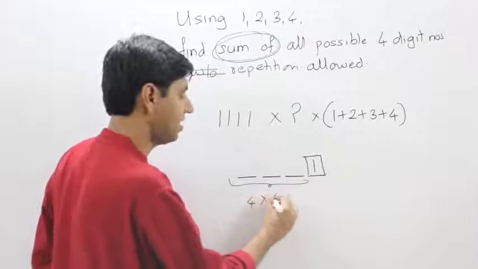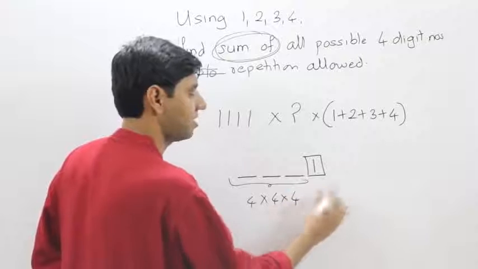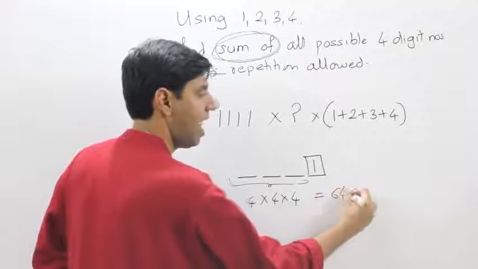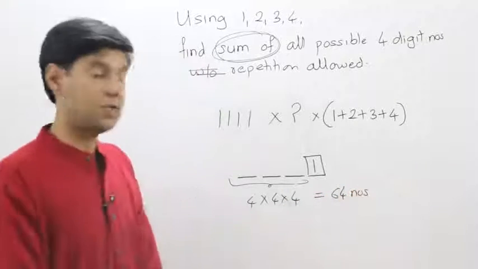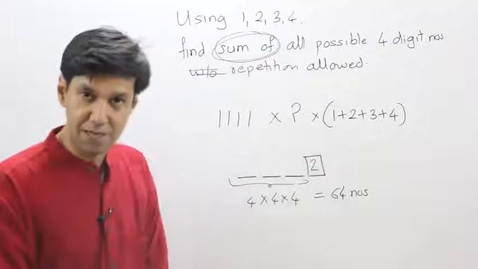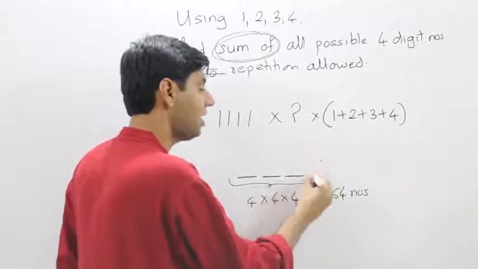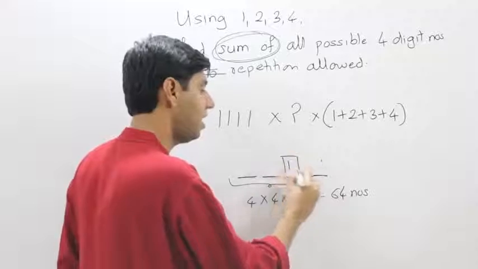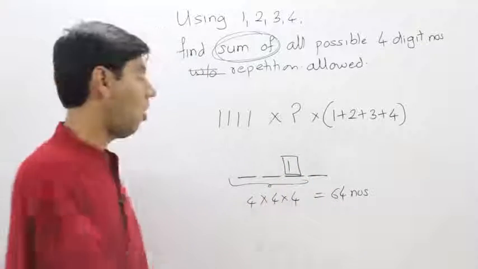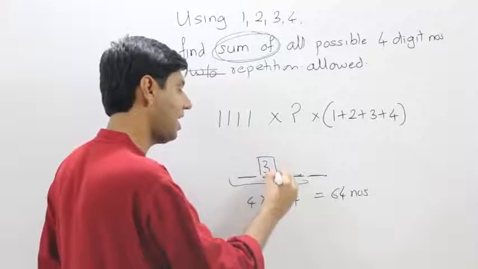The answer is, I could form 4 into 4 into 4, that is 64 possible numbers. And this does not change whether you ask how many times 2 comes in the units place, or how many times 1 comes in the tens place, or how many times any particular digit, let's say 3, comes in any particular position.